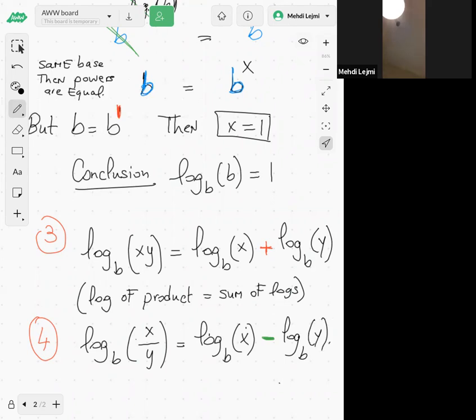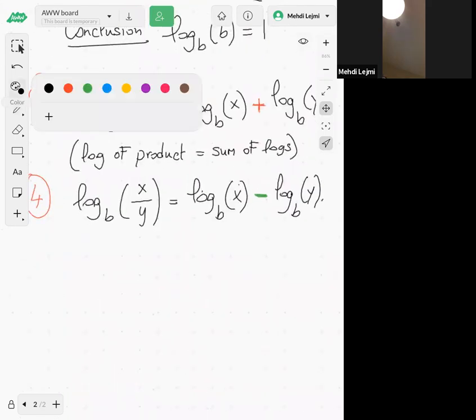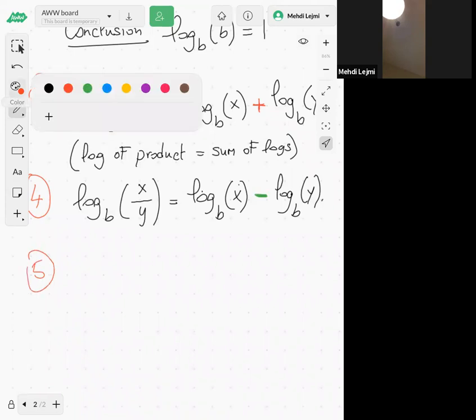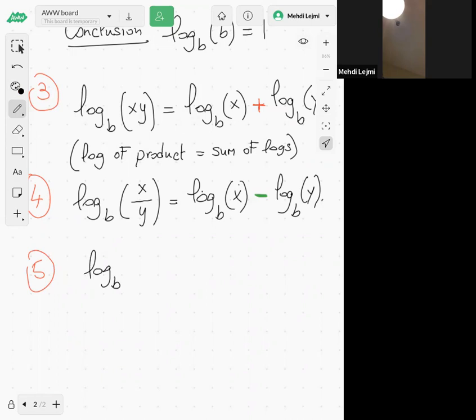And the last property of the log is when you have a log in base b of x to the power a.